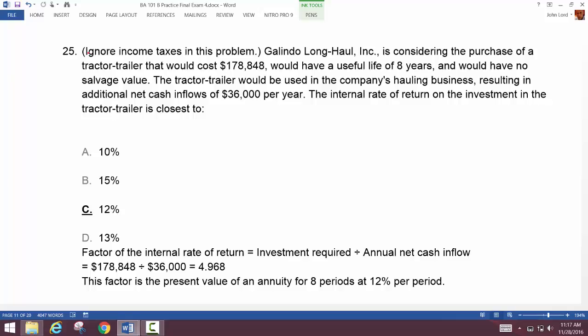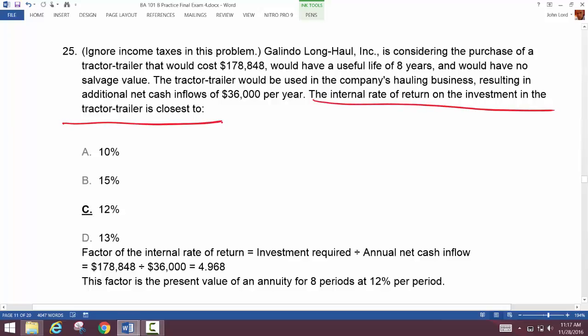And they want us to come up now with what? The internal rate of return. Now remember, internal rate of return is a rate of return that will cause the net present value to be 0, right?